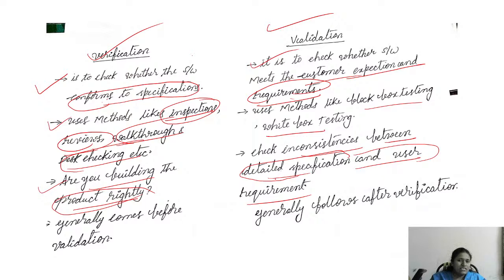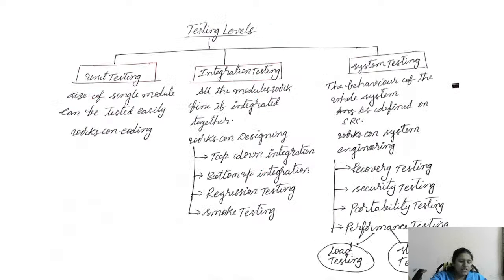In the validation phase, we observe the detailed specification and user requirement. Is there any inconsistency between the specification and user requirement? Generally, it follows after verification only. Yes, this is the difference between verification and validation.